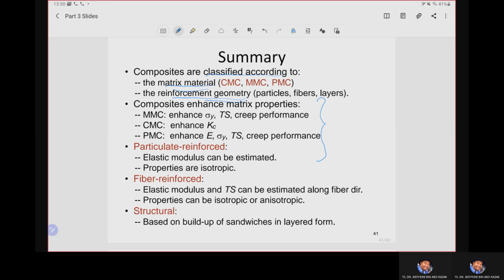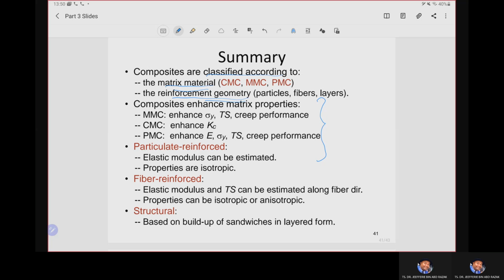But for the CMC, we are more interested in improving the toughness behavior due to the brittleness of ceramic bodies. And for the PMC, we need to increase the performance related to temperature, like the creep performance, the modulus of elasticity, the yield strength, and the tensile strength at high temperature.